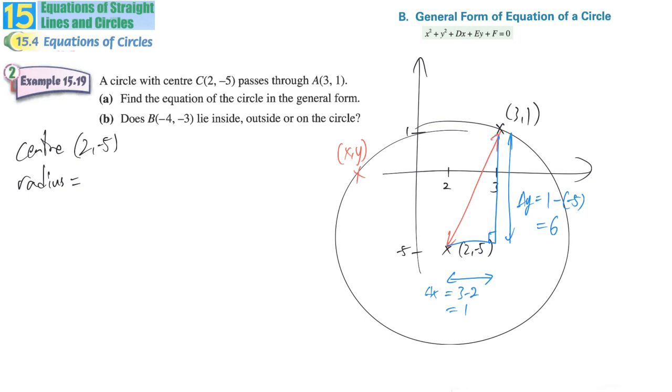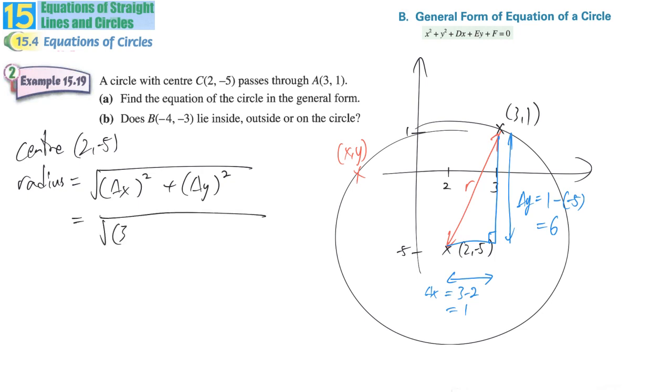So the radius, by using the distance formula, is delta x squared plus delta y squared, by the Pythagorean theorem, equal to the radius squared. We just simply use (3 minus 2) squared plus (1 minus -5) squared, 1 squared plus 6 squared. We get square root 37. That is the radius of the circle.